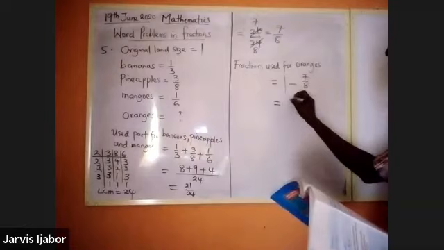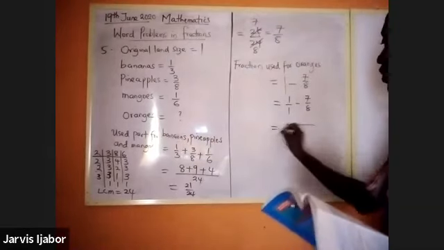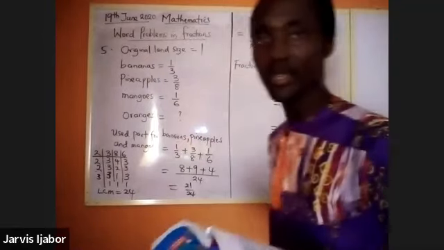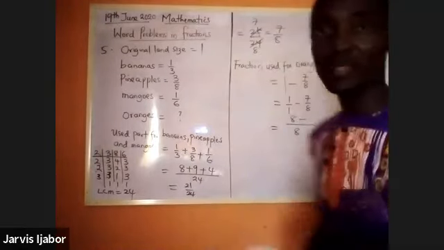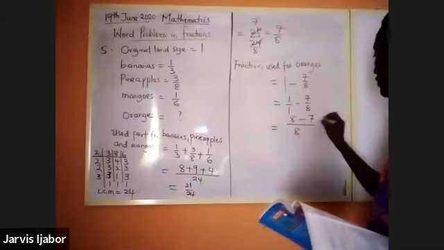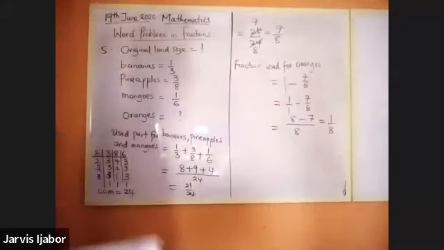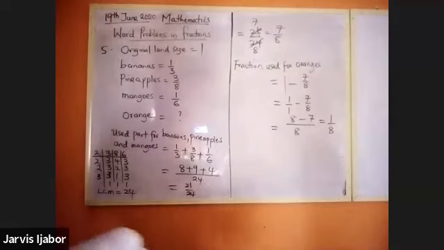Remember that 1 is 1 over 1 minus 7 over 8. What's the LCM? 8. 8 divided by 1 is 8 times 1, that is 8, minus 8 divided by 8 is 1 times 7, which is what? 7. So the final answer is 1 over 8. So the fraction that is used for oranges will now be 1 over 8.